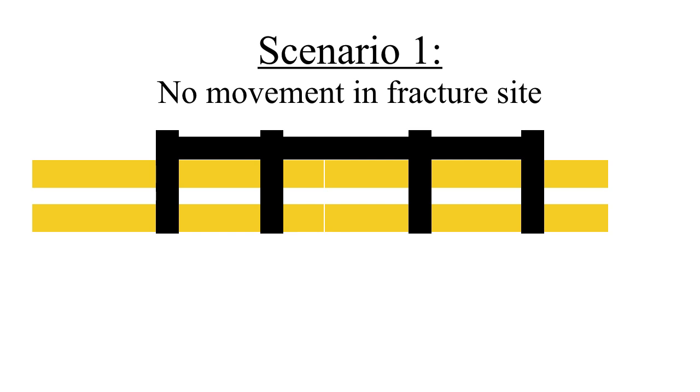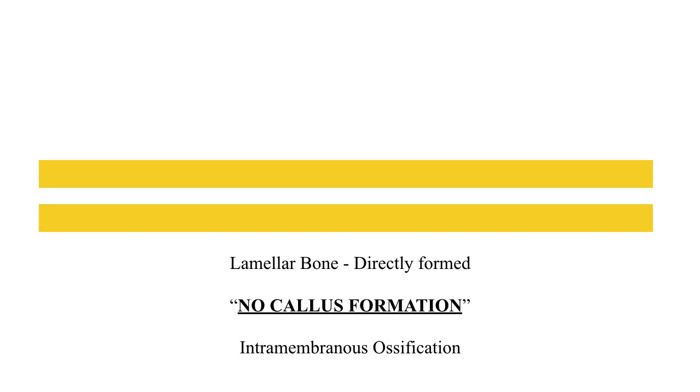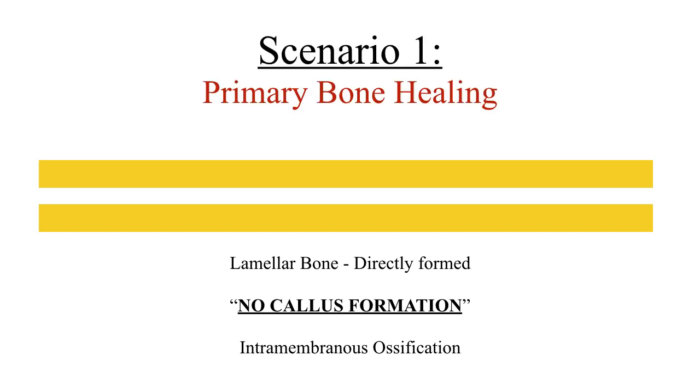So in this first scenario, this gap is directly filled by deposition of lamellar bone. This deposition of lamellar bone directly in the fracture site without intermediary callus formation is called intramembranous ossification, or in other words, primary bone healing.